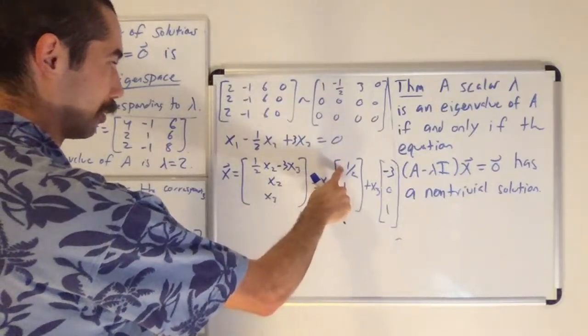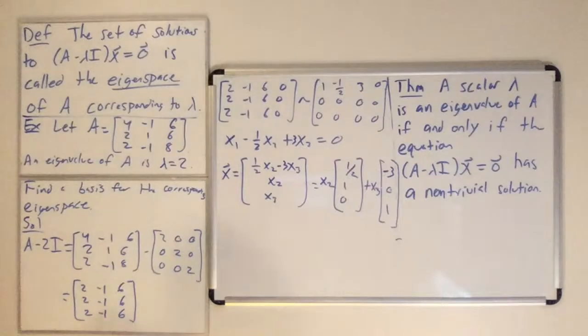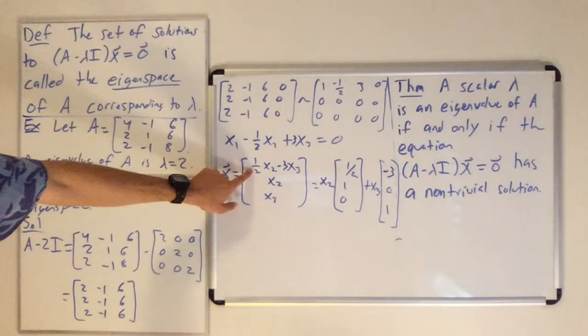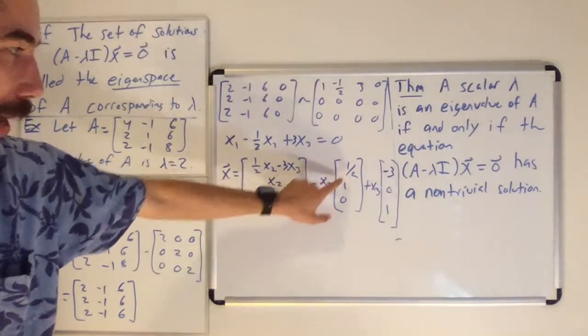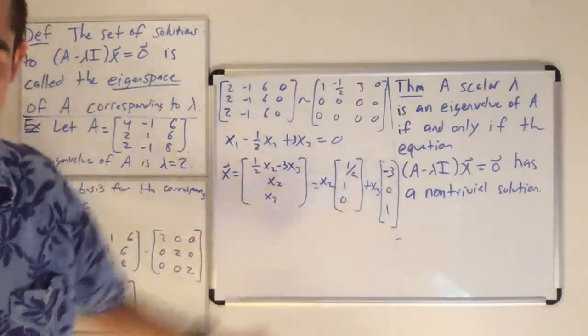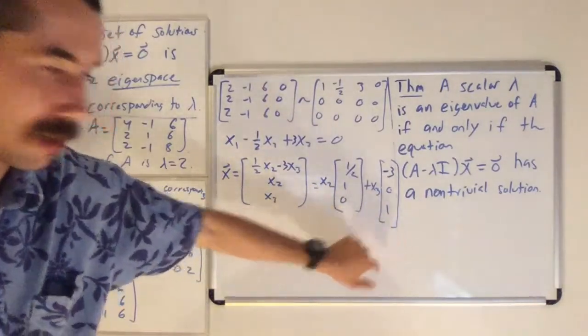Okay, we solve for x1. We get 1/2 x2 minus 3x3. So the vector is 1/2 x2 minus 3x3, x2, x3. And these vectors here form a basis.